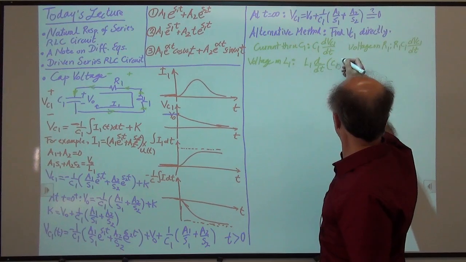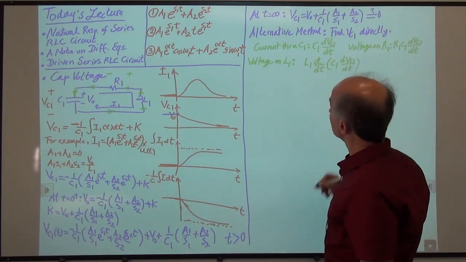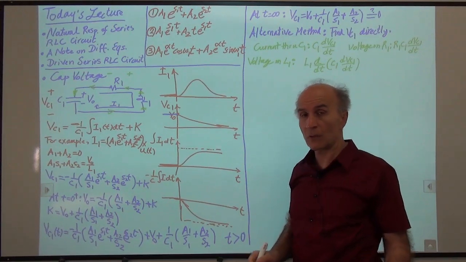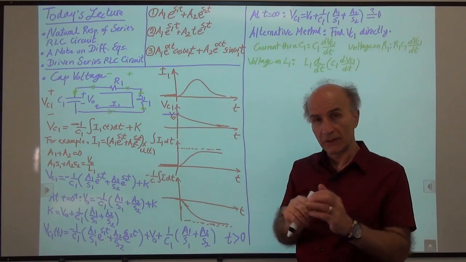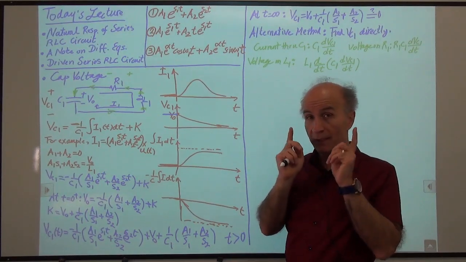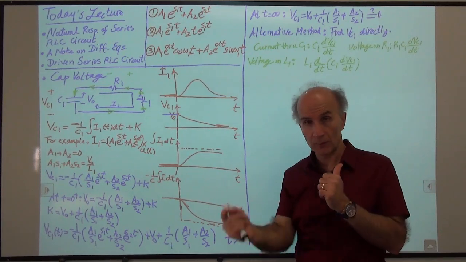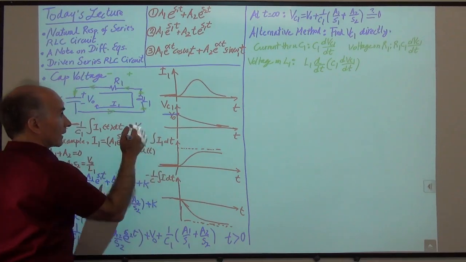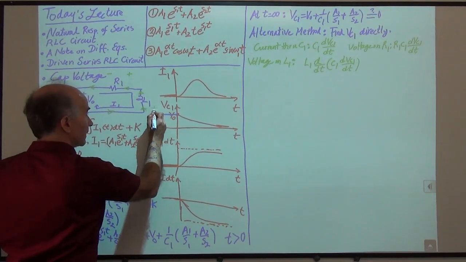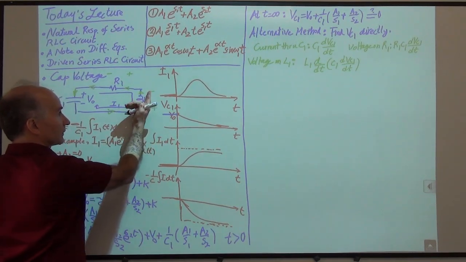So that's C1 dVc1 over dt. All right, so I wrote the voltage across the inductor as L di over dt. And we know that when we write that equation, the assumption is that the current goes from high potential to low potential. So that means that the potential across L1 should be like this, plus here, minus here, because the current has to go from high potential to low potential.